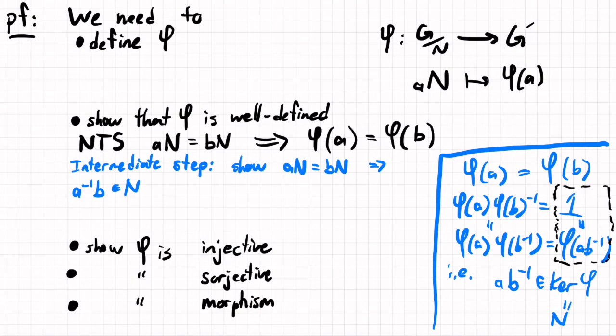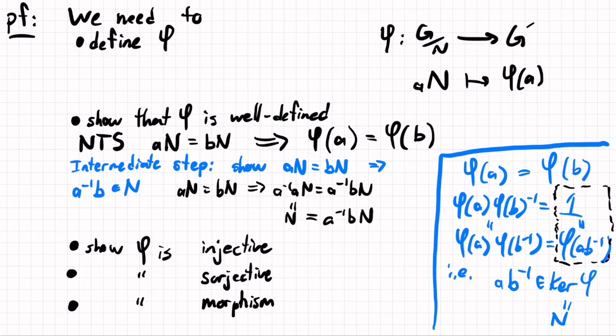So the first step in the proof isn't as hard, because we can say aN equals bN. Well, we multiply on the left by a inverse, using this sort of product of sets notation, so that we have a inverse aN equals a inverse bN, but this is just going to be N. So N will equal a inverse bN.